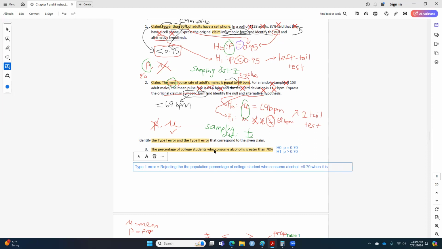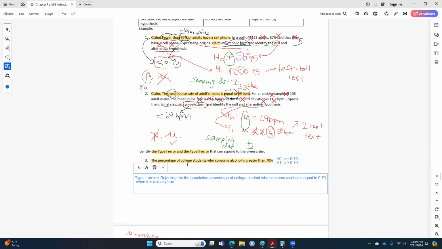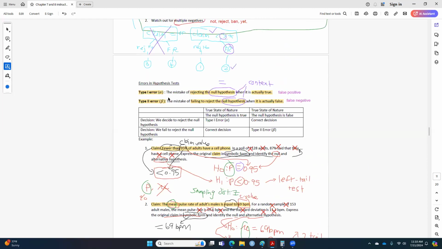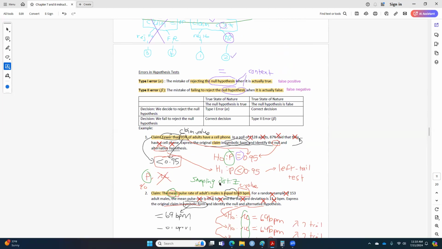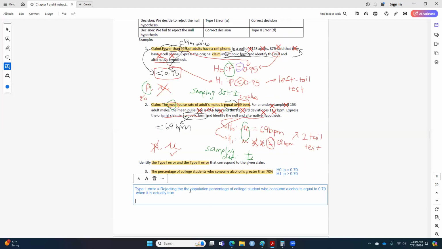So that is your P, and it is equal to 0.70 when it is actually true. So this is how we do the type 1 error: we take the definition, the part I had in yellow, and the null hypothesis I circled in purple is changed to the context of the question.